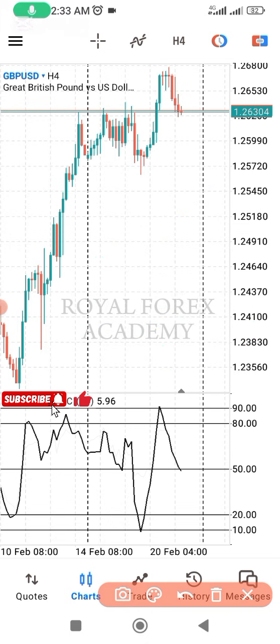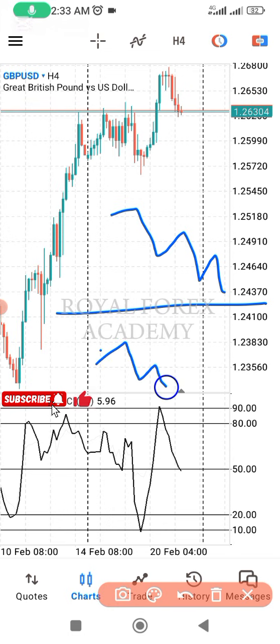This difference is what we refer to as divergence, and the opposite is for a downtrend, where price is giving us a lower low and a lower high, and our indicator window is as well giving us the same signal, and then suddenly it begins to give us a higher high, whereas price is still selling.